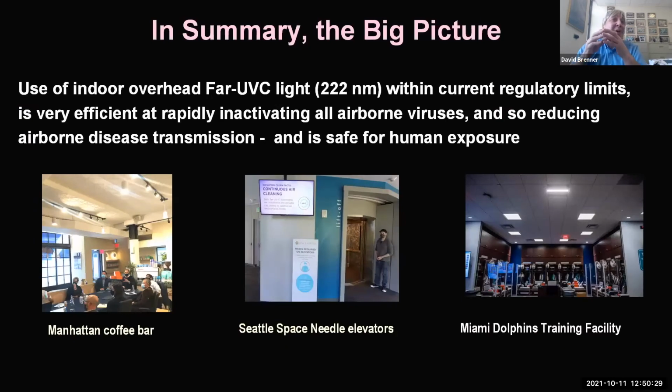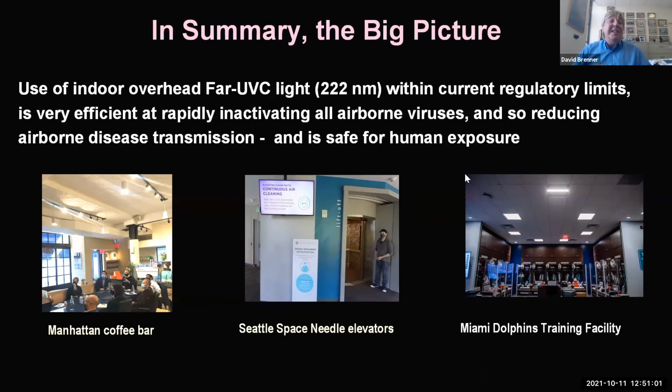And to summarize, if you use Far-UVC light within current regulatory limits, it is very efficient at rapidly inactivating all airborne viruses, and so reducing the risk of airborne disease transmission while being safe for human exposure. And it's just very slowly starting to take off in terms of usage. There are several coffee bars in Manhattan that use these devices.